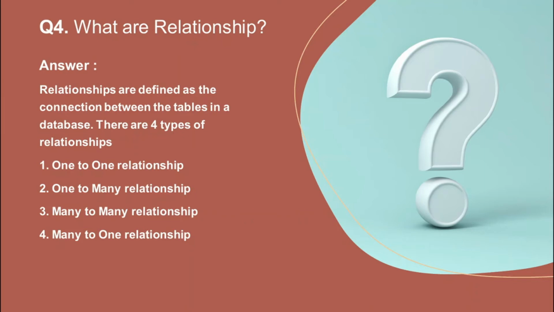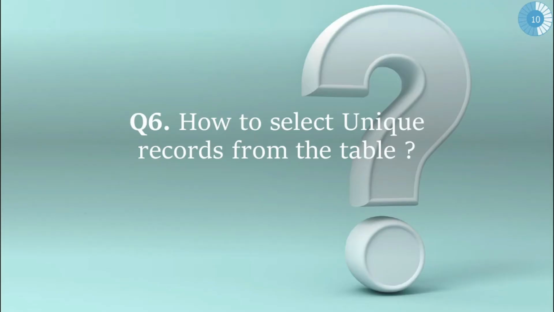So next we go to our next question. How to select unique records from a table? If there is a table and we want to select a unique column, like you have an employee table and you want unique names from that table, how do you do it?